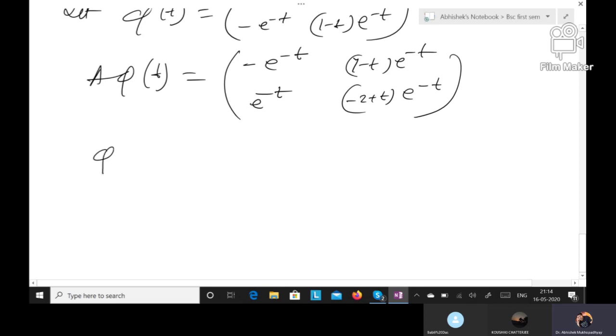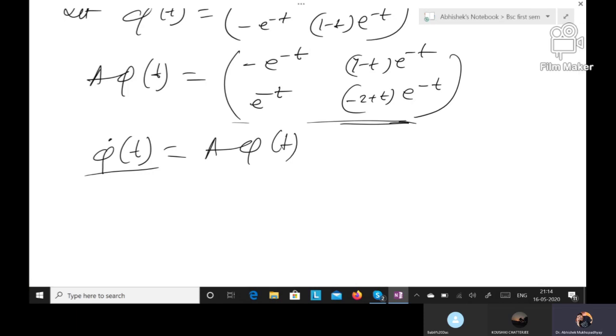Now if we take the derivative of the matrix phi t, you will see that phi dot t is this matrix. So phi dot t equals A phi t. That is, phi satisfies the system x dot equal to Ax, that is, phi t is a solution of the system.